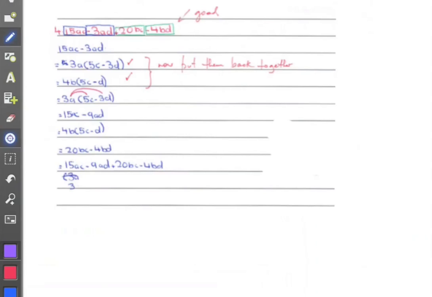Now that you've figured out this bit and this bit, you write 3A outside of 5C minus 3D, put a plus there, and then you get the next bit, which was 4B outside of 5C minus 3D. Now, again, when you're factorizing these things, we always want a bracket and a bracket to be the same, otherwise it's not going to factorize for you. And you've seen the solution. So the only problem this person made was, instead of putting them back together, they expanded it and got back to the question, which isn't the right way to do it.